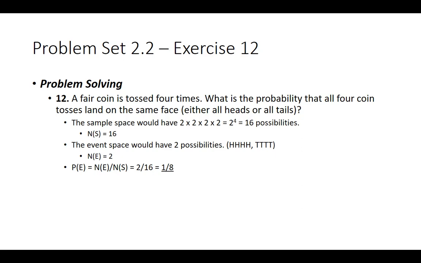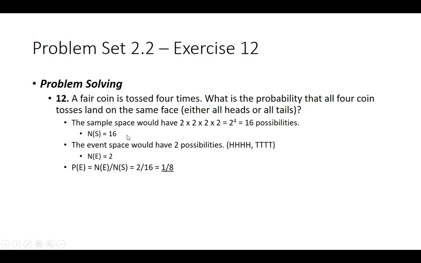Each of those 4 experiments has 2 possible outcomes, heads or tails. So 2 for the first coin times 2 for the second coin times 2 for the third coin times 2 for the fourth coin would be 2 to the fourth, or 16 different possibilities that can happen.